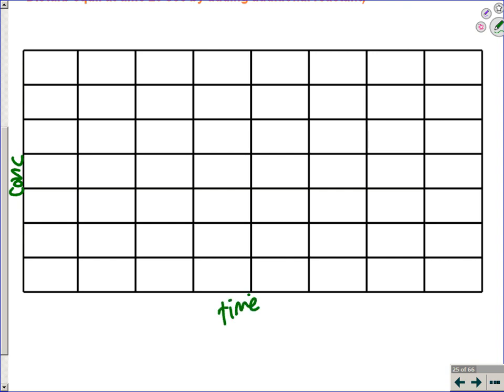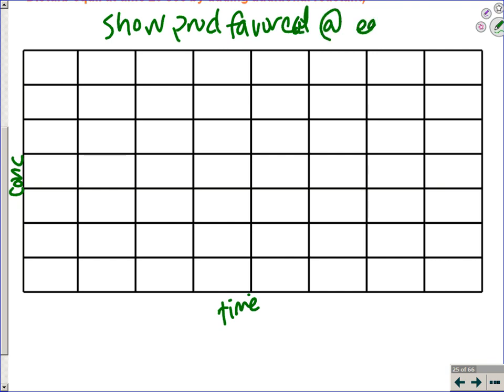So give yourself a quick sketch of just a graph. Just give yourself a little L, concentration and time. And let's start off. We're going to show products are favored at equilibrium. So the other day when we were drawing graphs, we started off with reactants high. We do reactants right here in red.